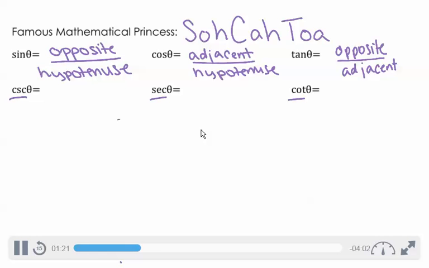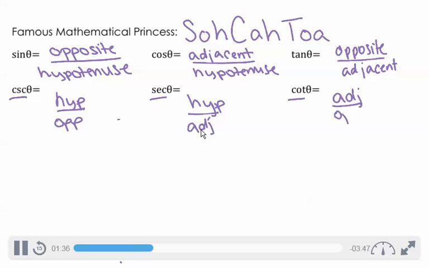So cosecant is going to be hypotenuse over opposite. Secant is going to be hypotenuse over adjacent. And cotangent is going to be adjacent over opposite. Now the way that you find cotangent, secant, and cosecant is by first finding the tangent, cosine, and sine, and then you just flip the fraction.